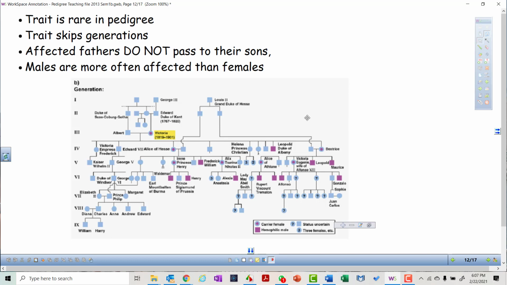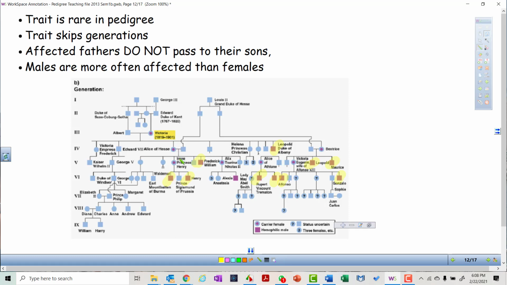If you take a look at this, you'll notice that the incidence, which are solids, happens much more frequently in, well, males. Like, these are all males. So the problem is much more common in males. These circles here that are partial blue, partial purple, those are representing carriers.